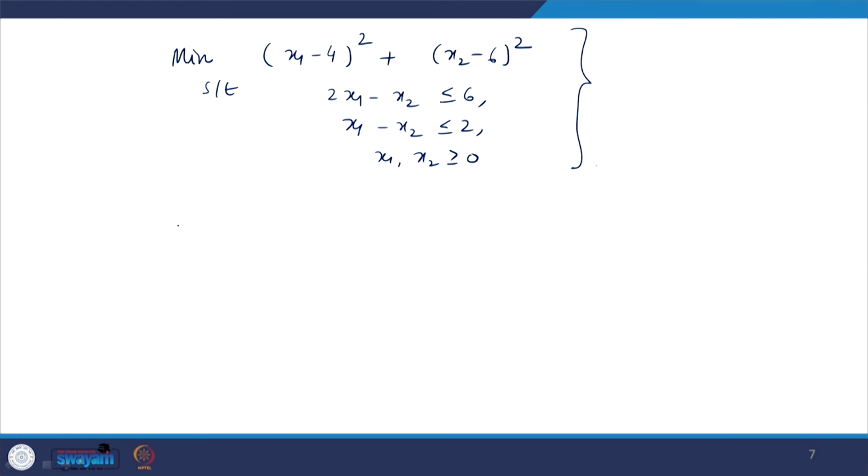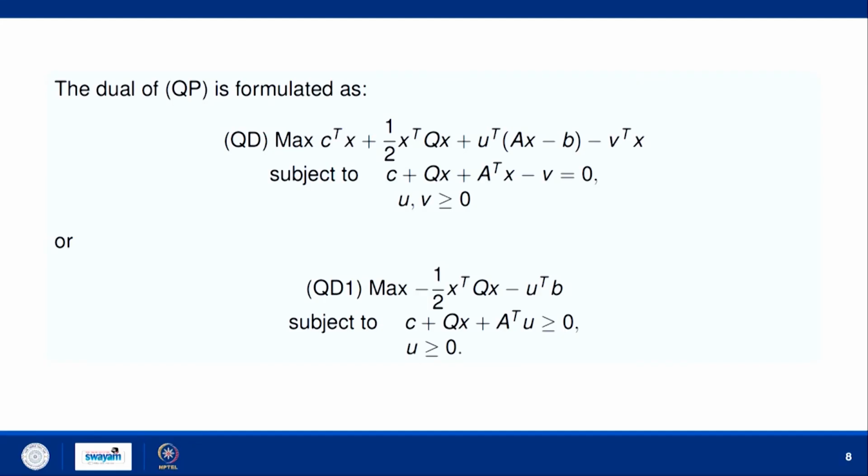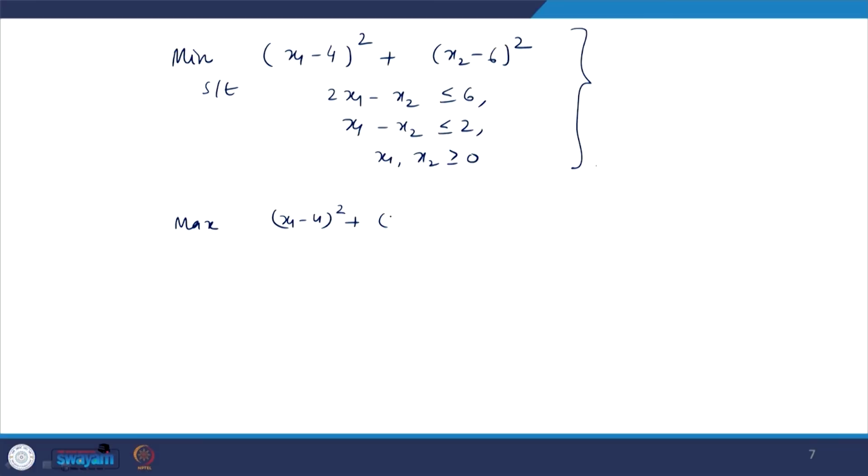So, what will be the dual of this problem? We have already seen the dual will be nothing but (x1 minus 4) whole square plus (x2 minus 6) whole square plus, let the Lagrange multiplier corresponding to this be u1, for this u2, and for these v1 and v2.